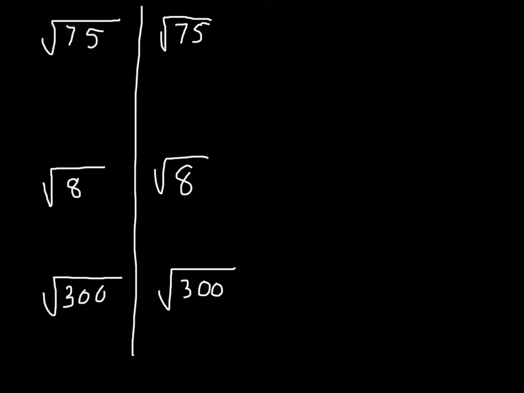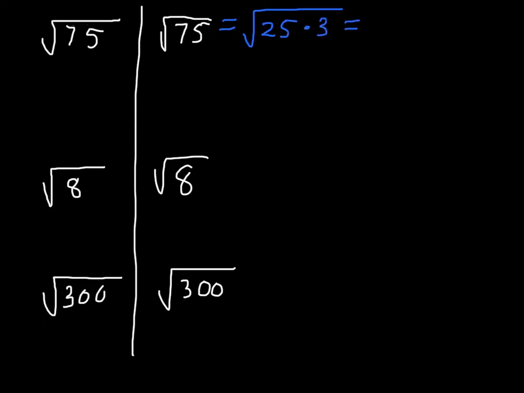All right, so what we're going to do here is simplify these even though they're not perfect squares. Instead of estimating like we did yesterday, we're going to simplify them. What I noticed first is I don't know what the square root of 75 is. It's not one of my perfect squares that I've memorized. But thinking back to what we did a second ago, I can break 75 down. When I think about what multiplies to give me 75 that are perfect squares, I know that 25 does. 25 times 3.